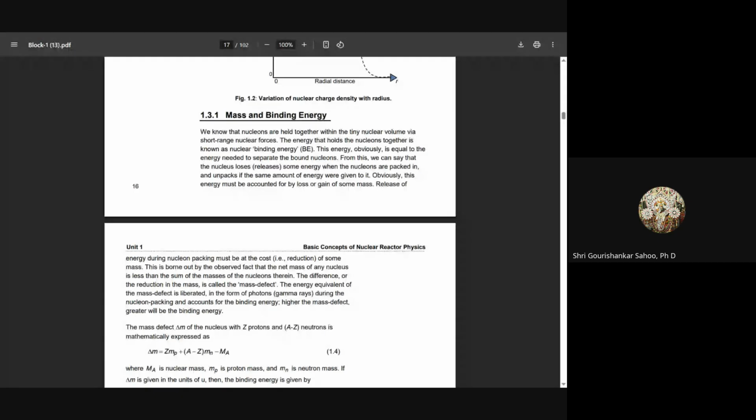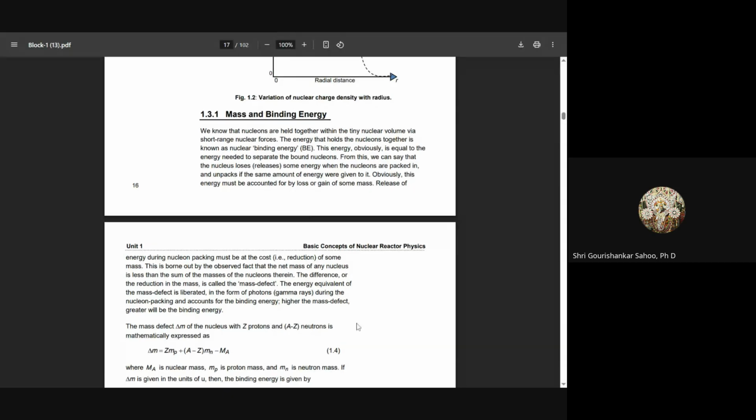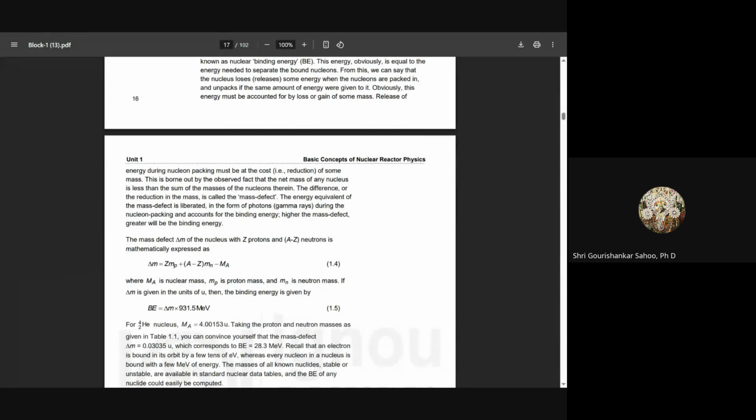And mass defect can be calculated using the formula ΔM = ZMp + (A − Z)Mn − M_A, where M_A is nuclear mass, Mp is proton mass, Mn is neutron mass, and ΔM is in the unit of u. And the binding energy is given by ΔM multiplied by 931.5 MeV.